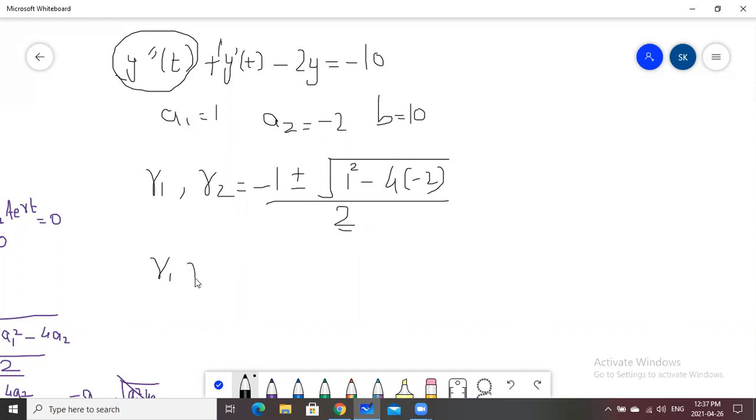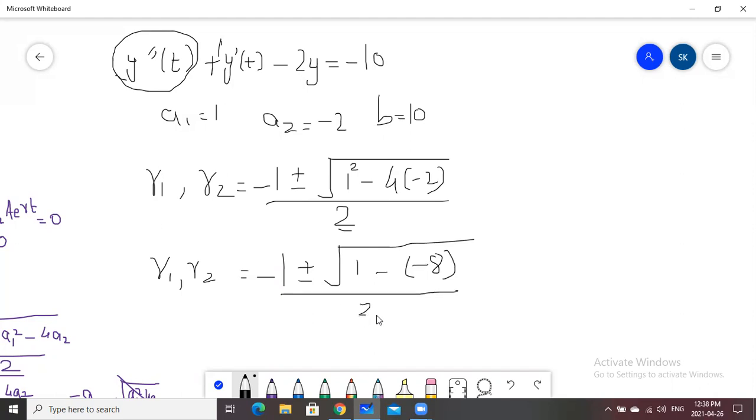Now R1, R2 is equal to minus 1 plus minus the square root of 1 minus minus 8. Now what do the values in this square root term tell us? It is clear that 1 is greater than minus 8.